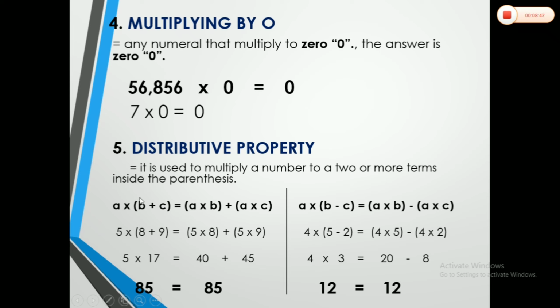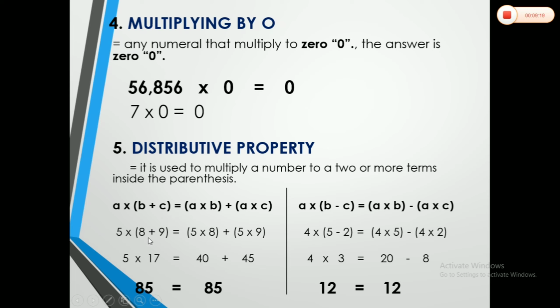So it looks like this: A multiplied by parenthesis B plus C parenthesis is equal to parenthesis A times B, which is like this. You can group together, write the symbol which is plus, and A multiplied by C.